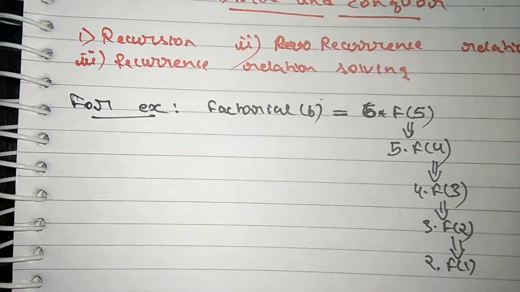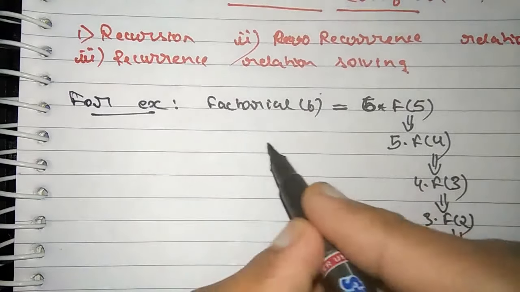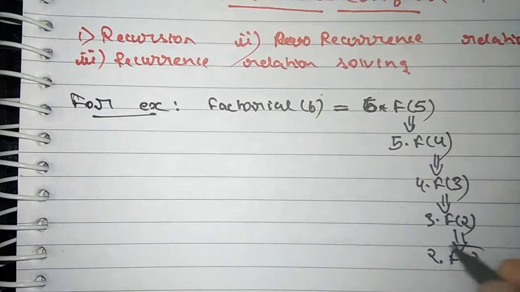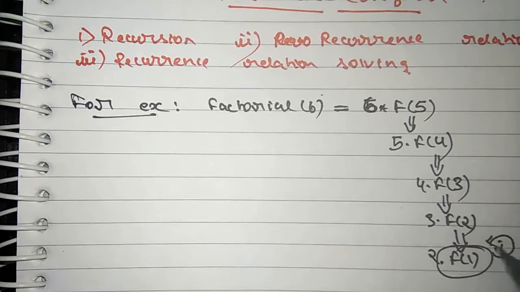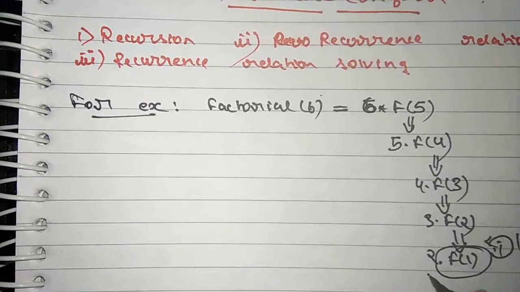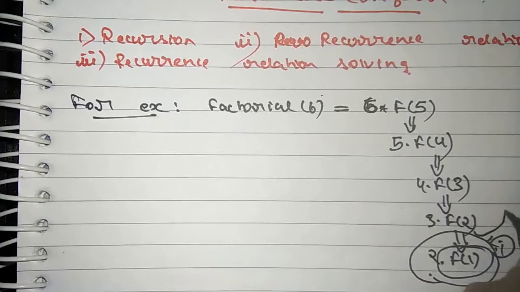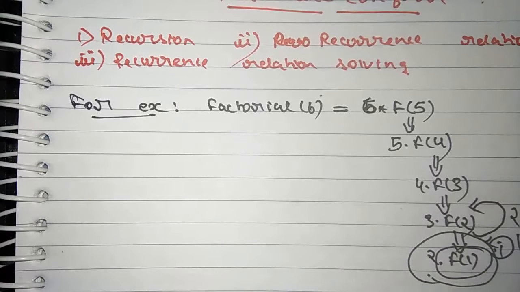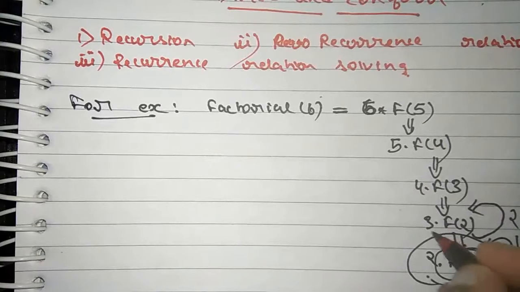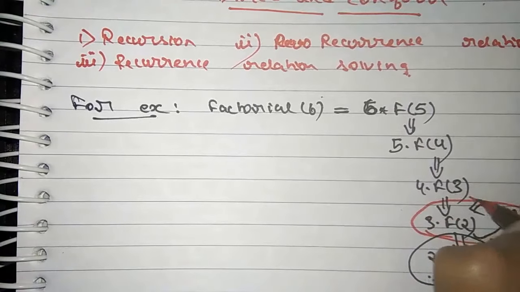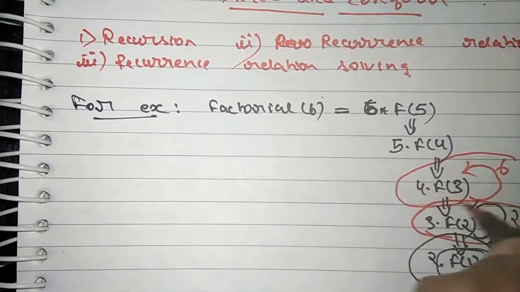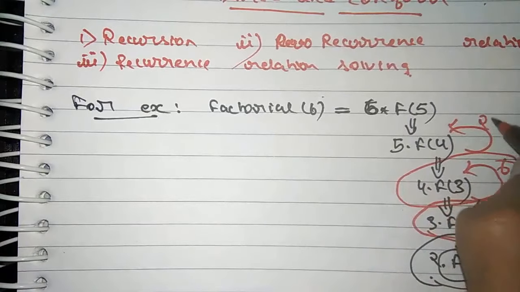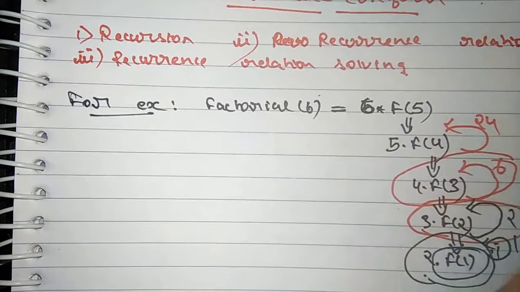We know that factorial of 1 is 1. So 1 will be returned to f of 1. 2 into 1 is nothing but 2, which will be returned to f of 2. 3 into 2 is nothing but 6, and this value will be returned to f of 3. 6 into 4 is 24, and 24 will be returned to f of 4.